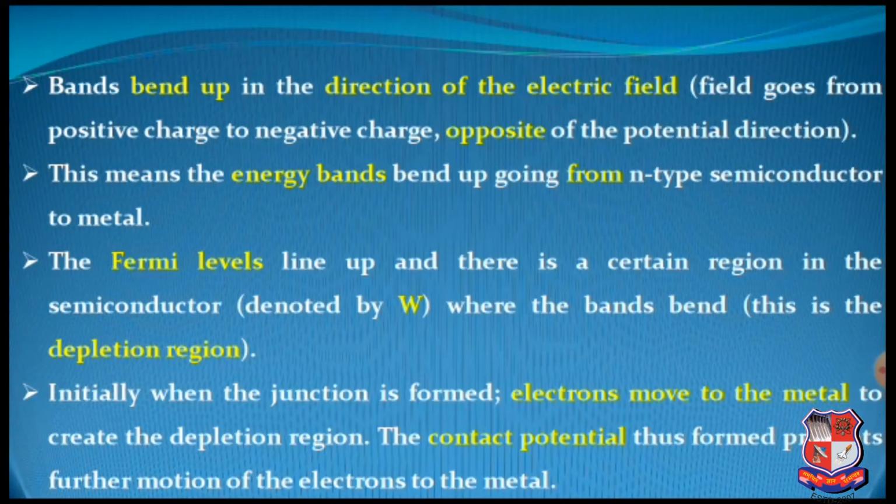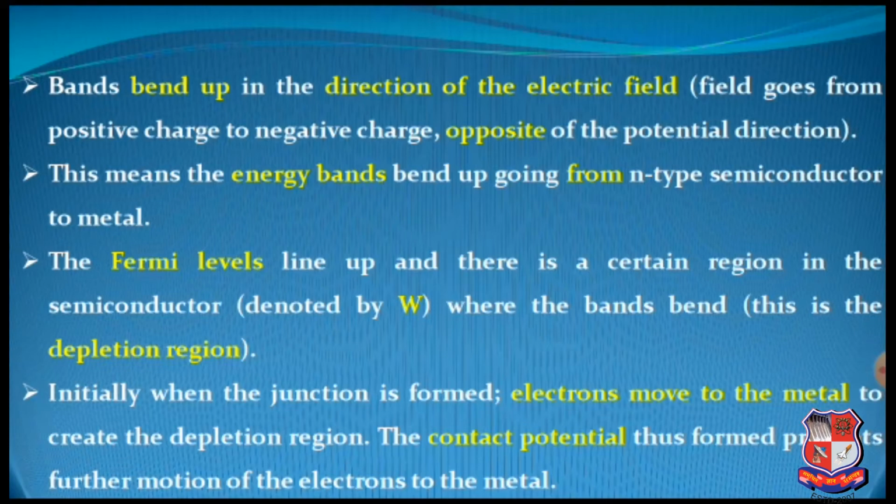This is very much important. When the Schottky junction is formed, the electrons of the semiconductor gently travel towards the metal to create the depletion region, and the contact potential has been formed.